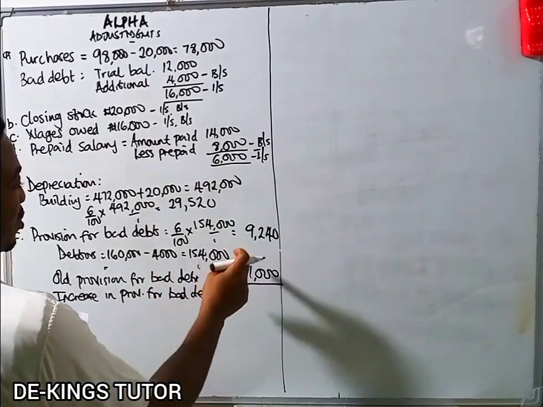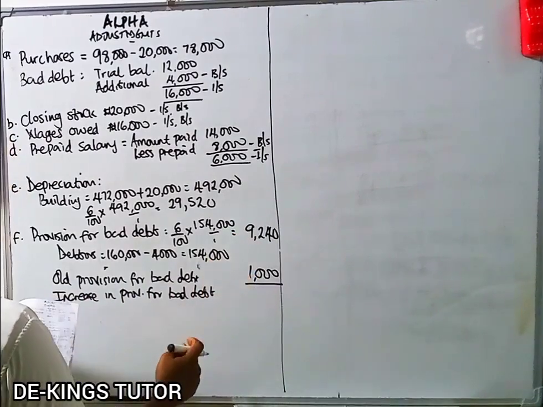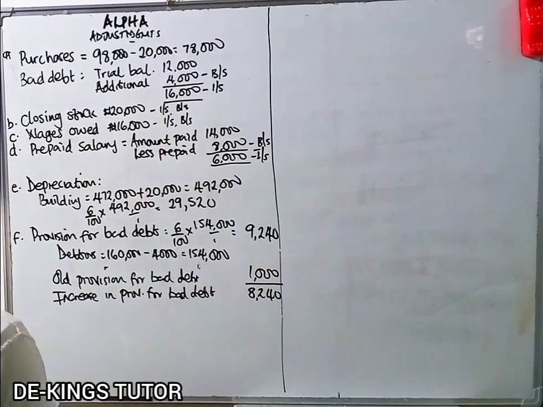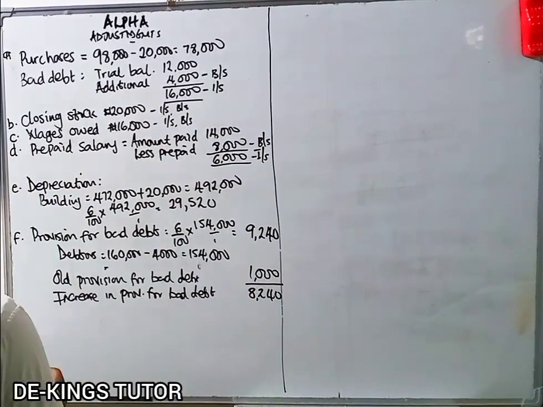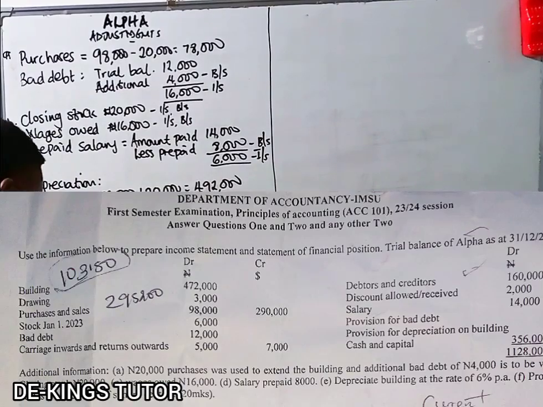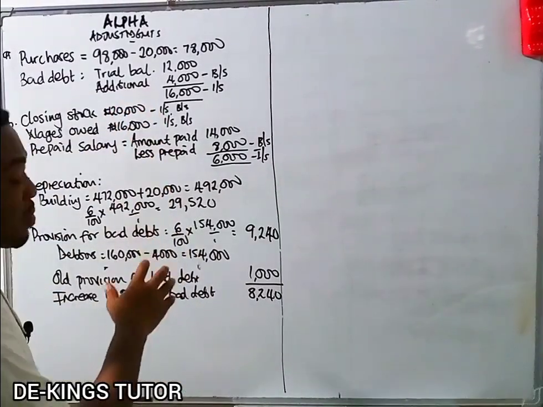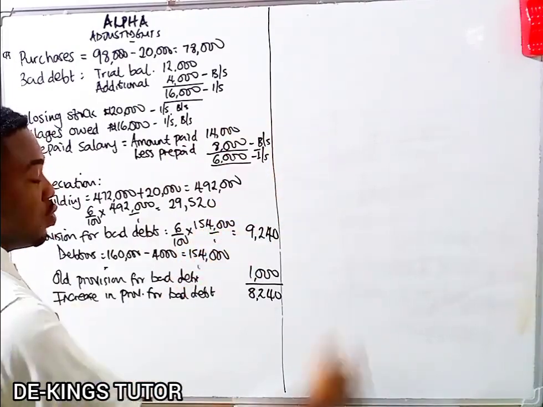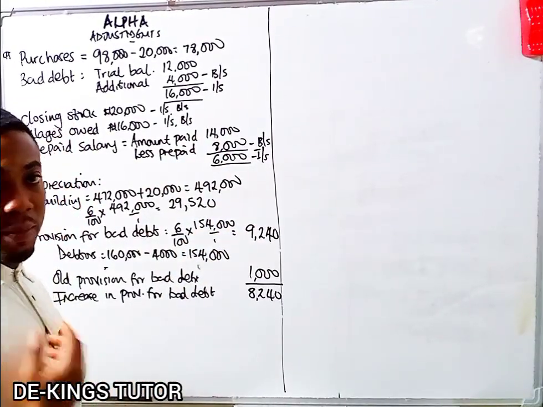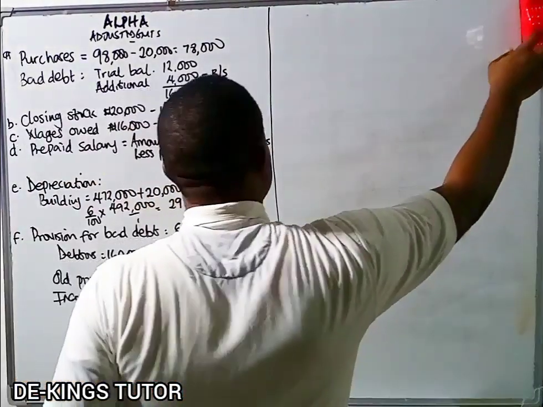It will now be 9,240 minus 1,000, which will give us 8,240. Now let's check if there's any additional information. There is none. So this is the adjustment that will make us now prepare our income statement and the balance sheet. Okay, now let's do that.